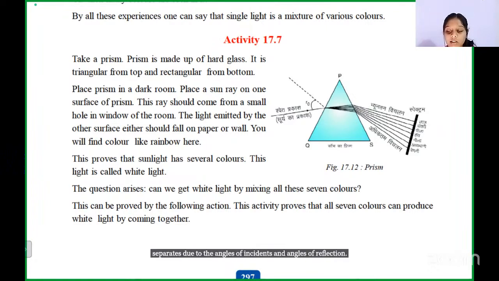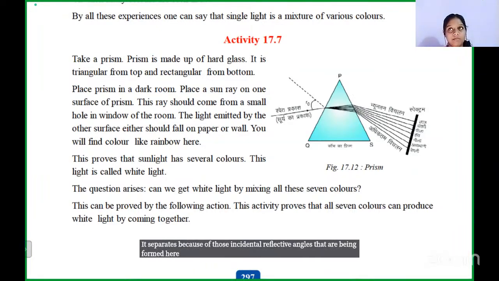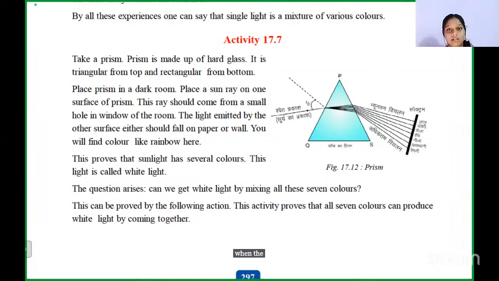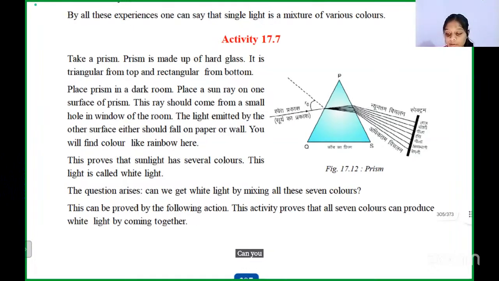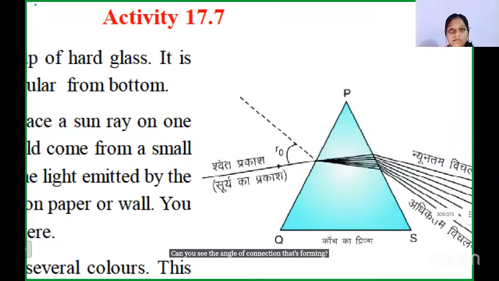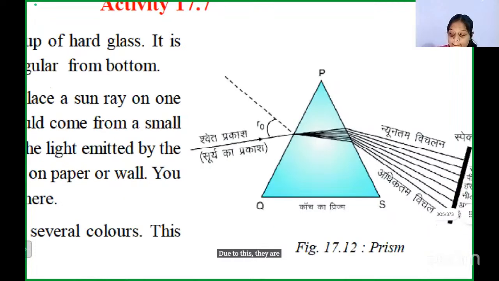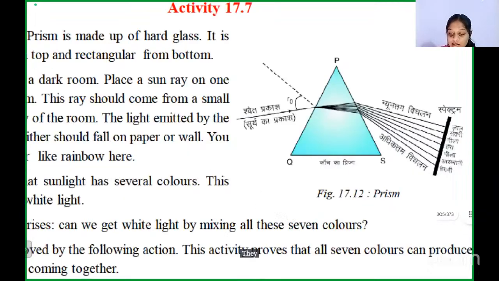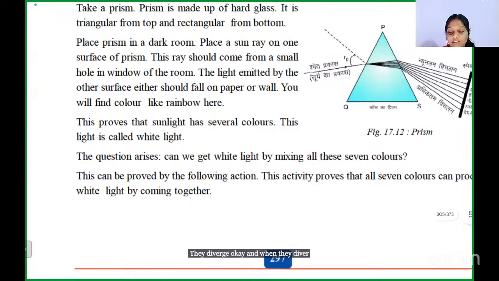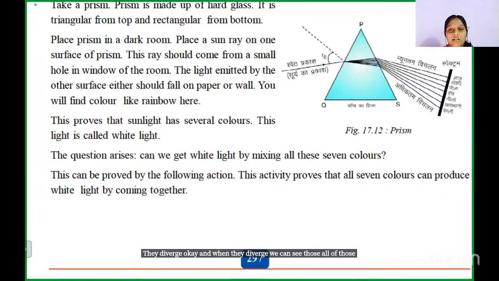Can you see the angle of reflection that's forming in between the rays? Due to this, they diverge, and when they diverge, we can see all of those colors.